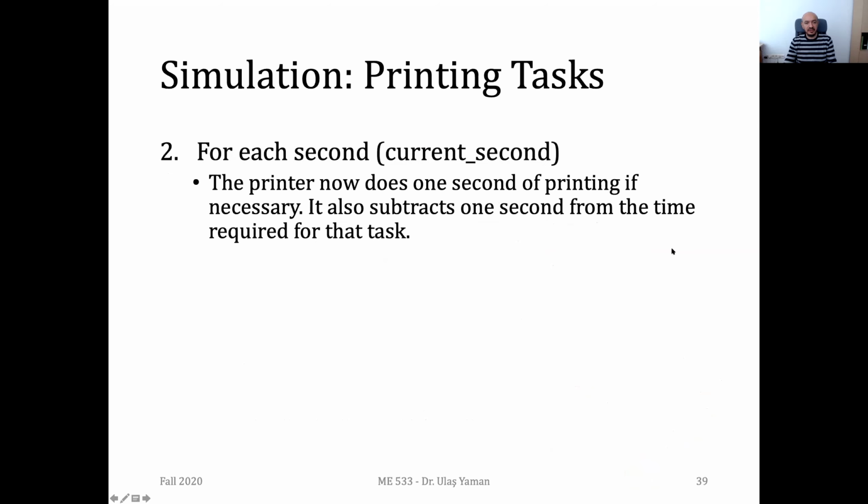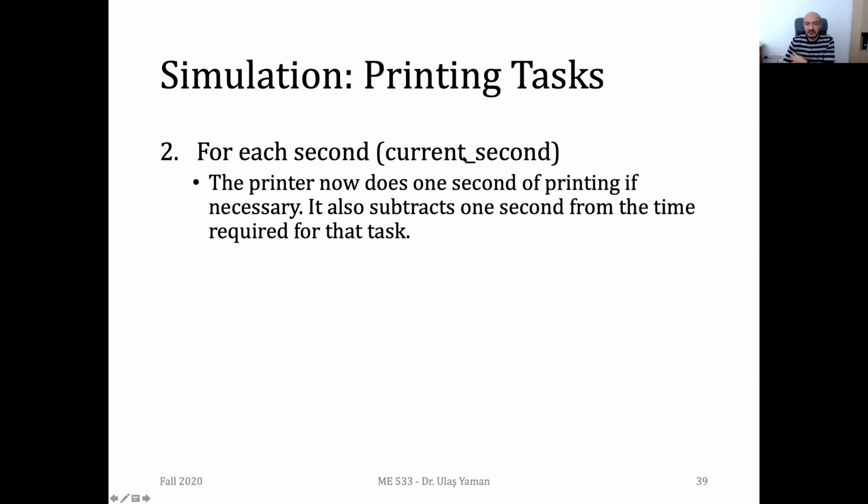We are continuing. So now, this time, the printer will be doing 1 second of printing, and we will be removing this 1 second from the time required for that specific task.